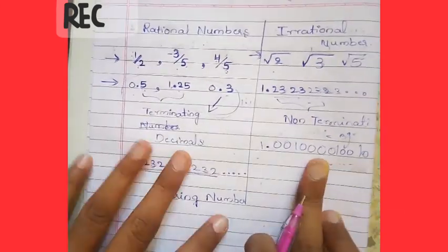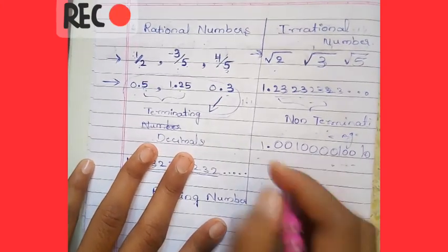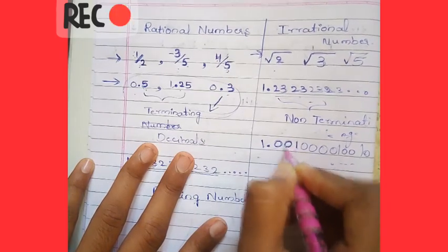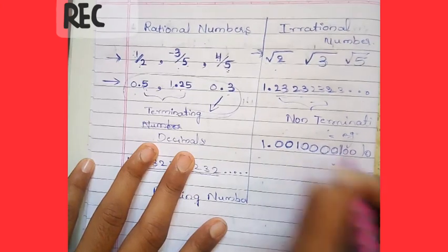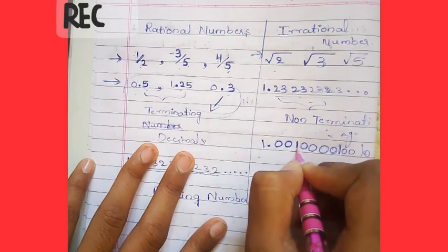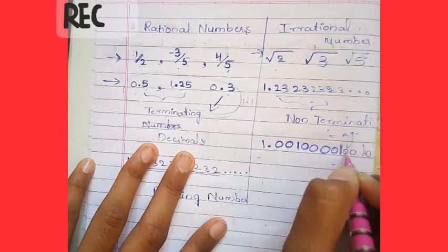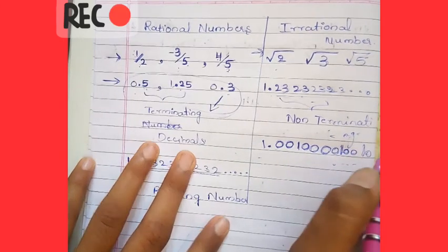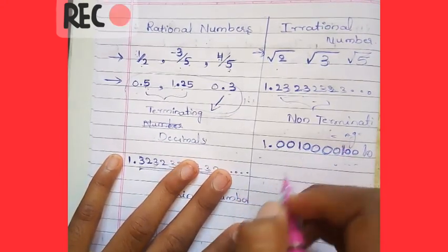As you look at the previous page, see here, 001 is not at all repeated, because here 00001 is there. Here after 2 zeros there is 1, but here after 4 zeros there is 1, and here then after 2 zeros 1. This is non-recurring, which means the numbers are not at all repeated.